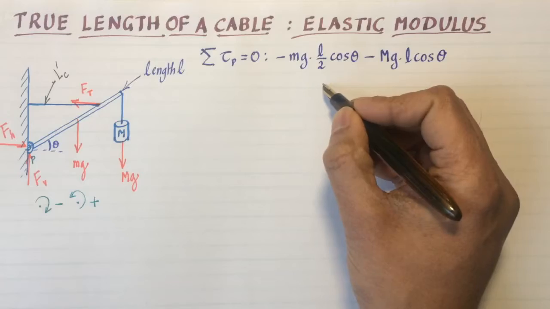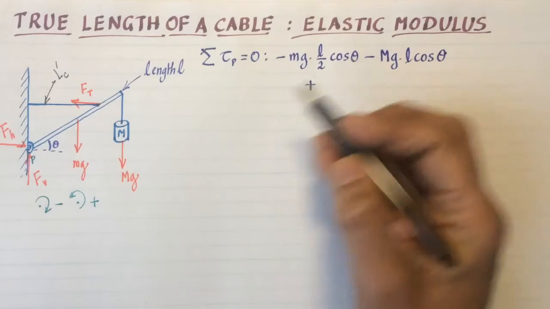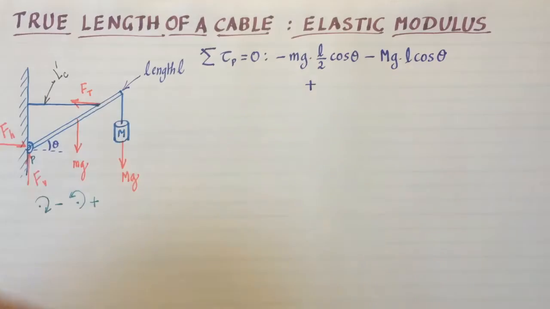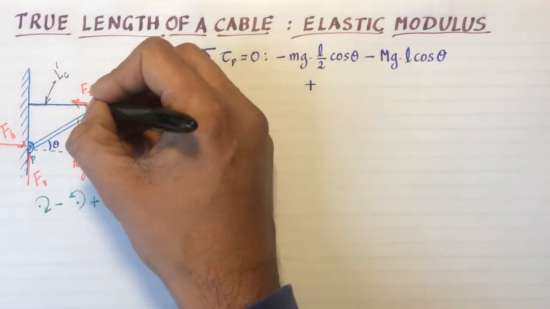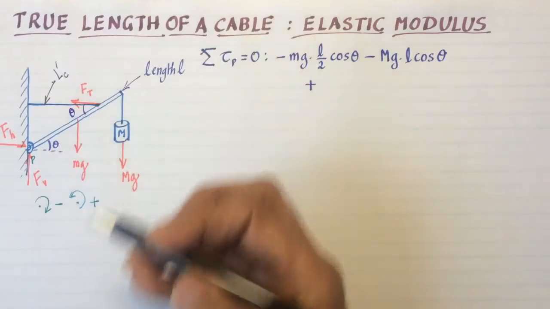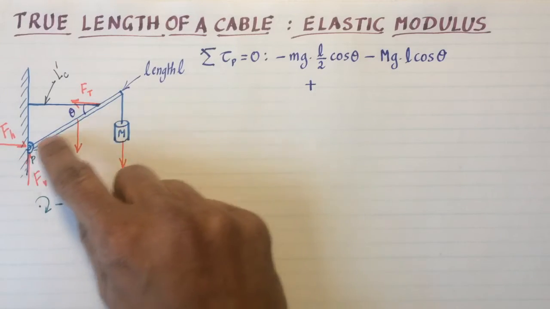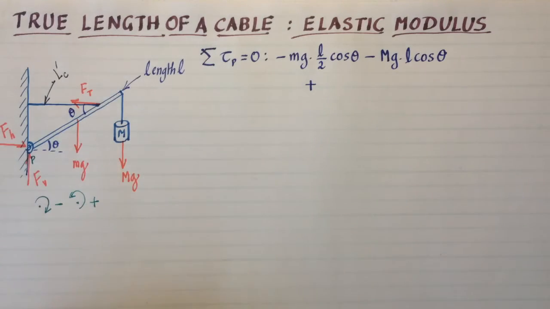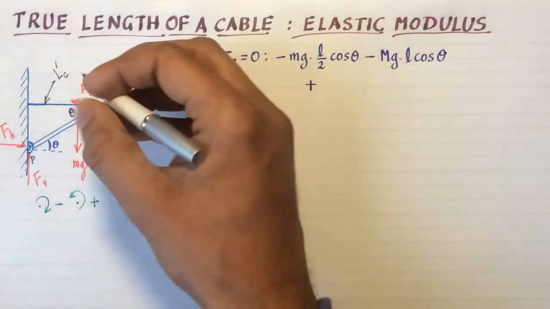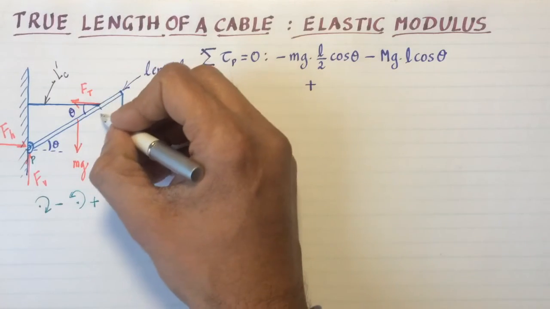And now there's going to be a third contribution from the tension itself. Because of the way I defined the angle theta, this angle is also theta. So the torque due to the tension in the cable is R. Now I have not exactly told you what that distance is, so let's do that now.